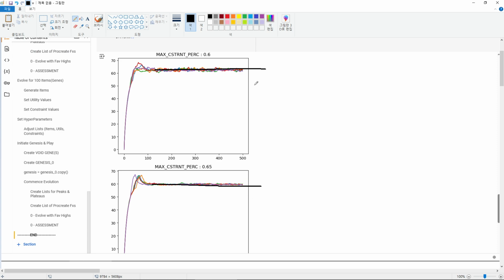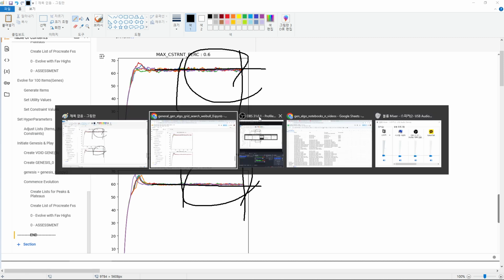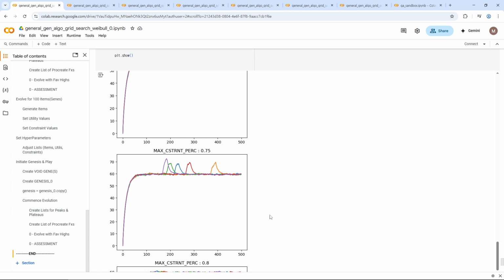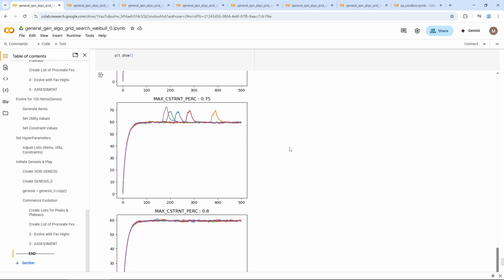For example, for this one and this one, the plateaus are easy. Just average these. But what am I going to do with this one?